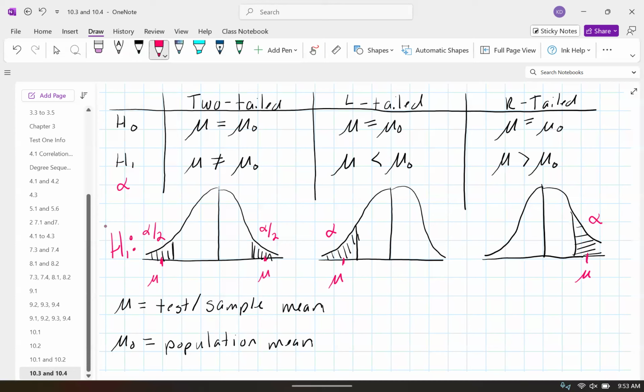We would reject the null hypothesis. Because there is a difference. Our test value is far enough away from our population value that something's going on.